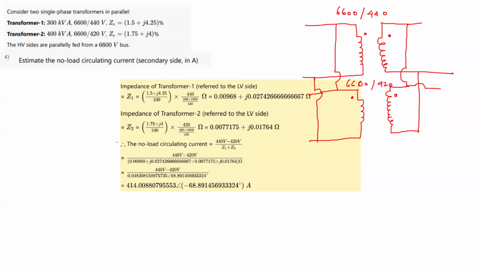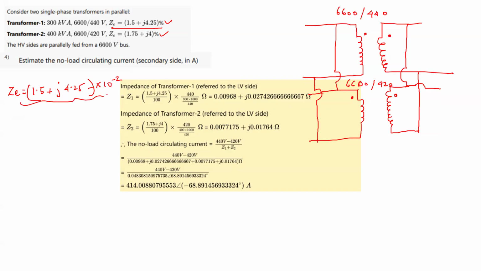And these are their load impedances in per unit. Whenever the per unit impedance is given, it is given on the transformer's own base. So this ZL is 1.5 plus j4.25 pu. Here pu means percentage, that is, into 10 power minus 2.